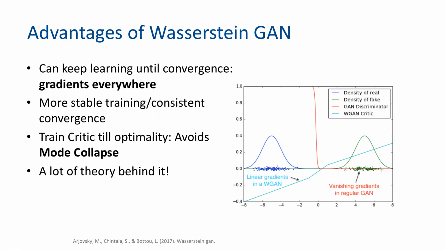The nature of Wasserstein GAN is that it provides very good gradients across a wide range of images, both good and bad ones, and early and late in training. And it provably avoids mode collapse. And there's quite a lot of theory and constraints on how you do it, which we won't go into, but it is one of the more successful methods for training GANs.